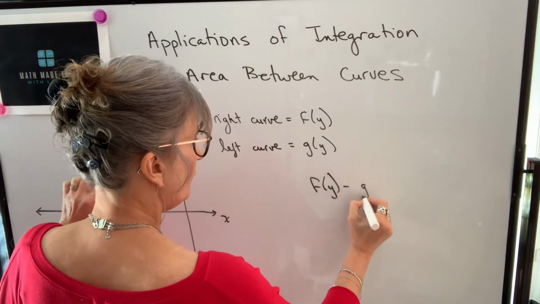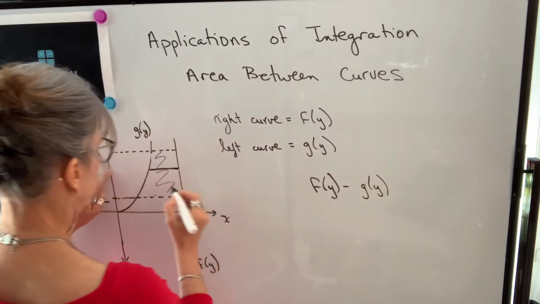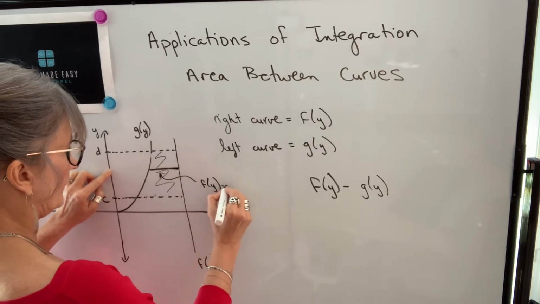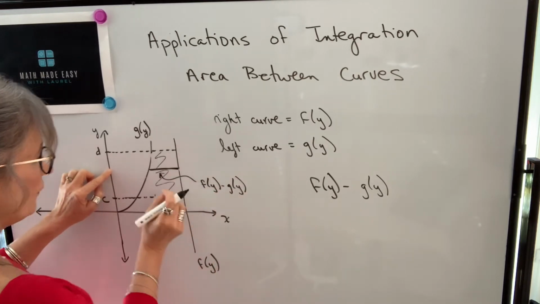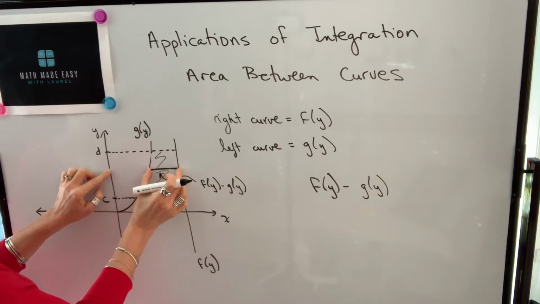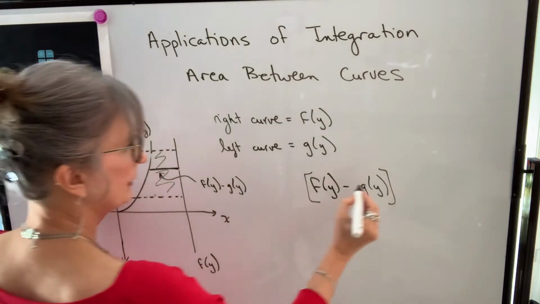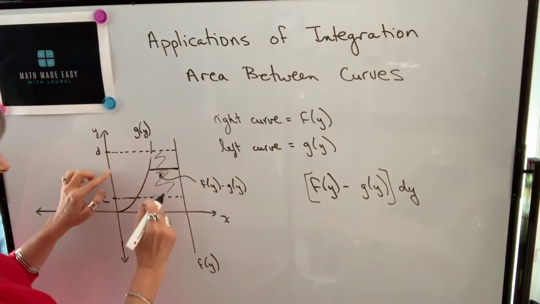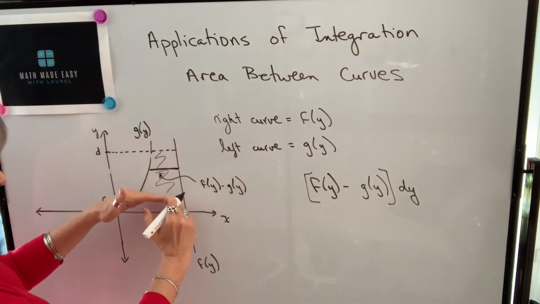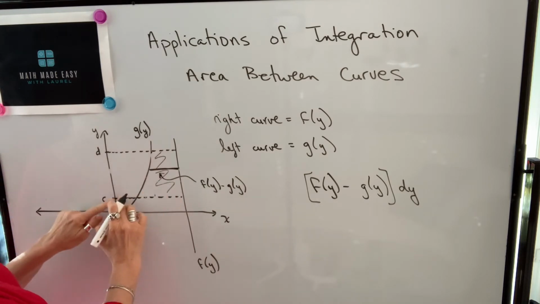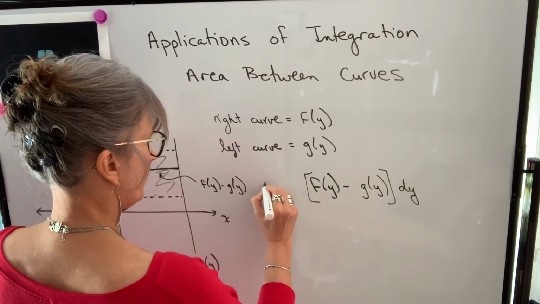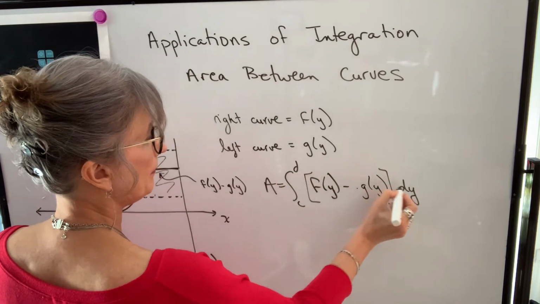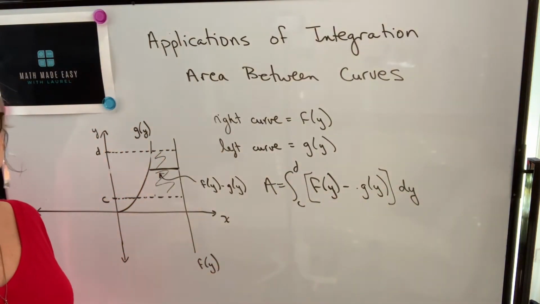So if I take f of y minus g of y, that will give me the length of that rectangle. The width will be dy. And if I want to find the sum of all of those slivers from c to d, I use integration. So my area will be the integral from c to d of f of y minus g of y dy.